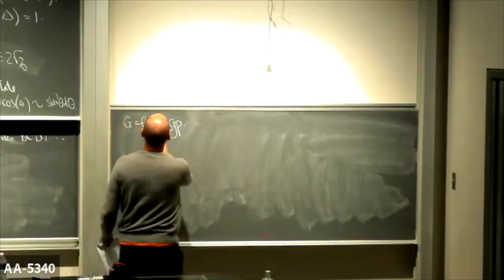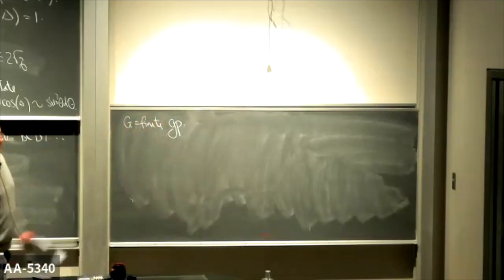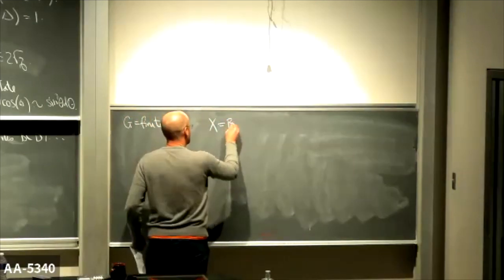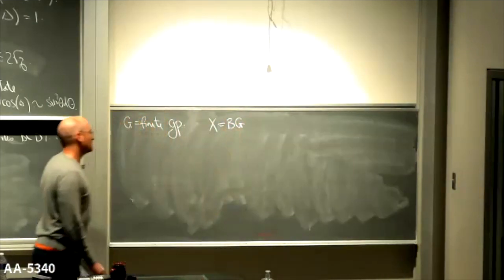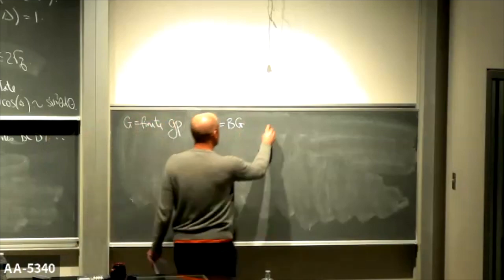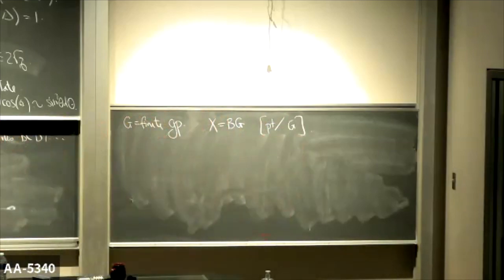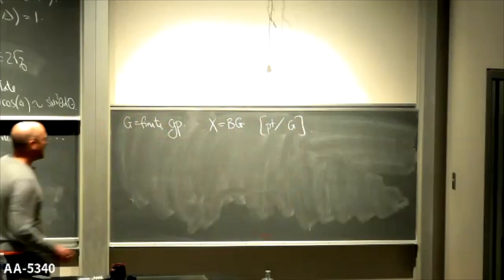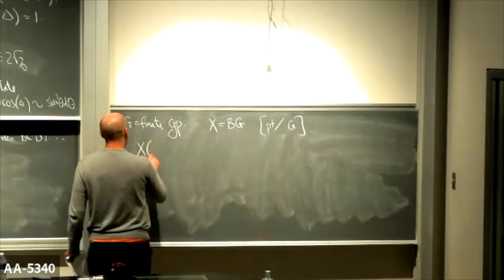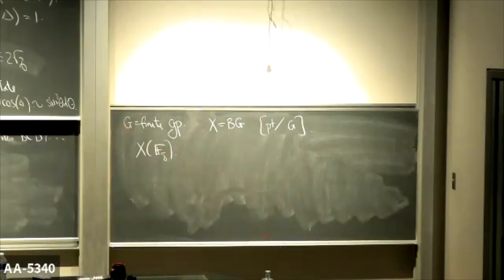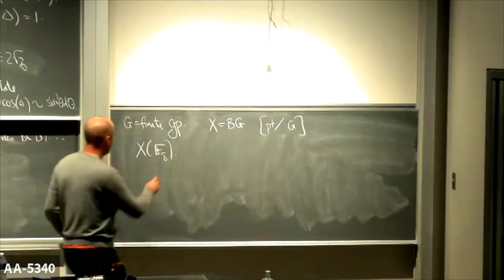The simplest one we could take would be to take a finite group G, and then take the classifying space of that group, which is the quotient of a point by the group. Then we want to understand what it means to have a point on the classifying space over F_q.